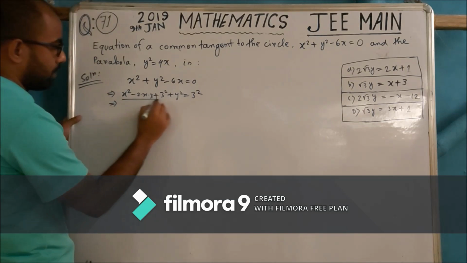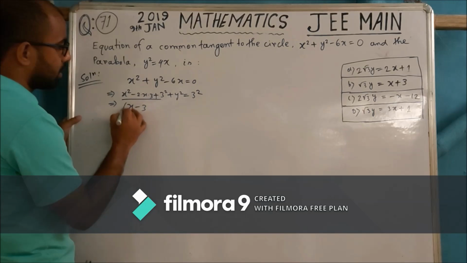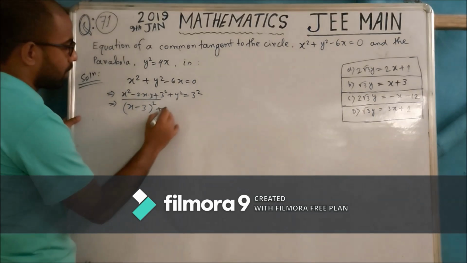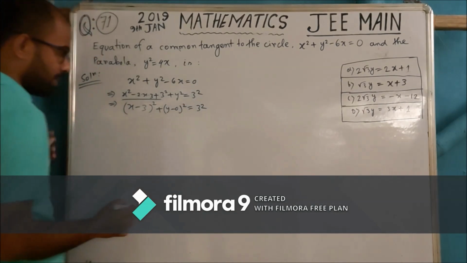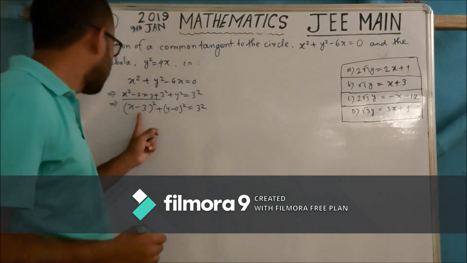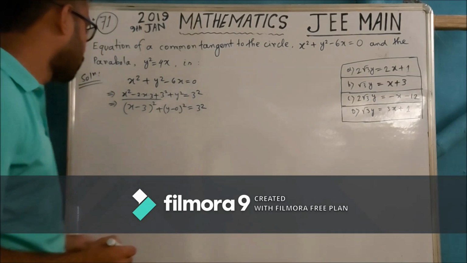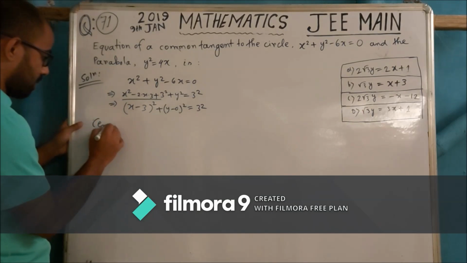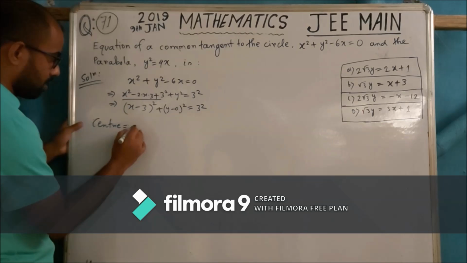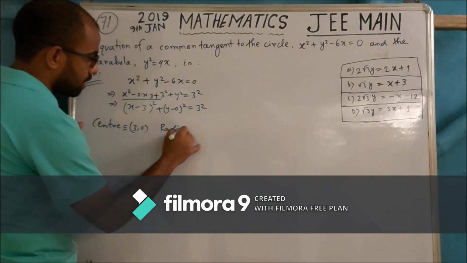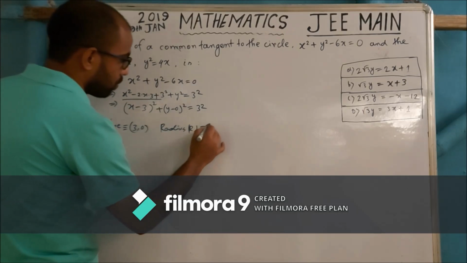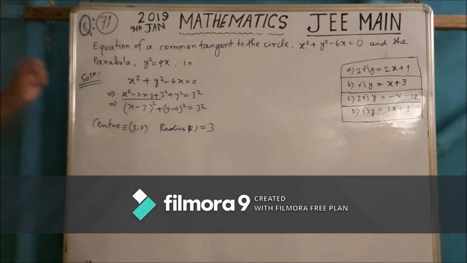So this can be written as (x minus 3) whole square plus (y minus 0) square equal to 3 square. That means the center of the circle is (3, 0) and the radius is 3.